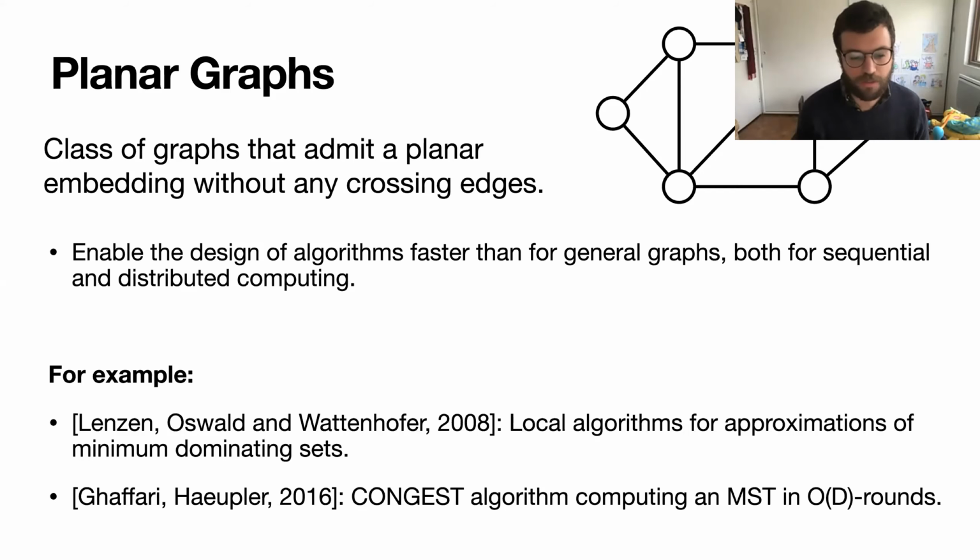Another example is this result from Ghaffari and Haeupler in 2016, which shows that in the CONGEST model, we can compute an MST in order of diameter rounds for a planar graph, that also beats the lower bound of diameter plus square root of n for general graphs.